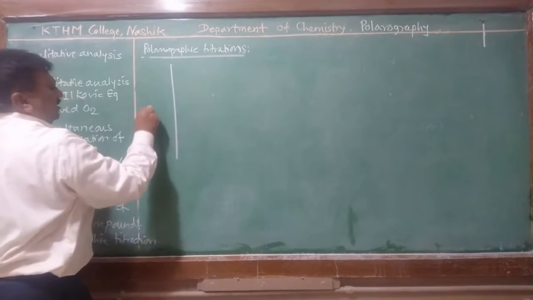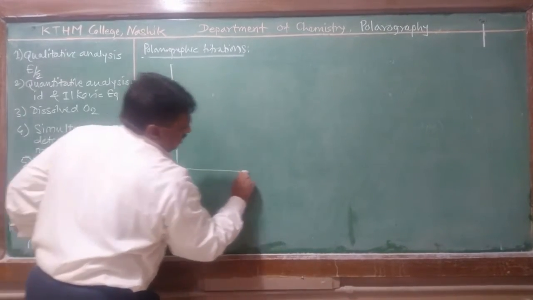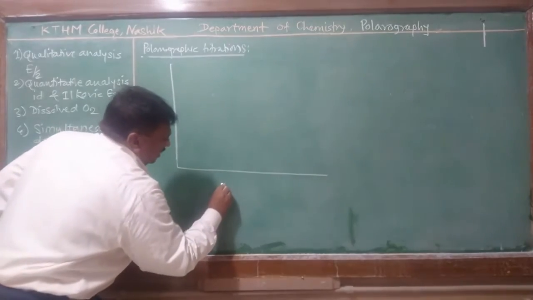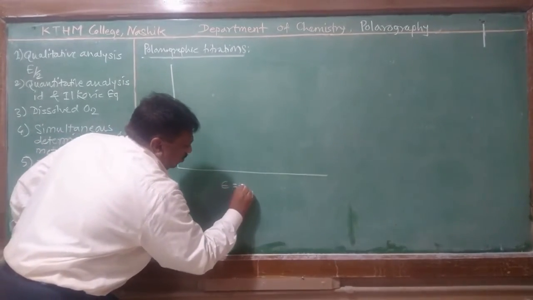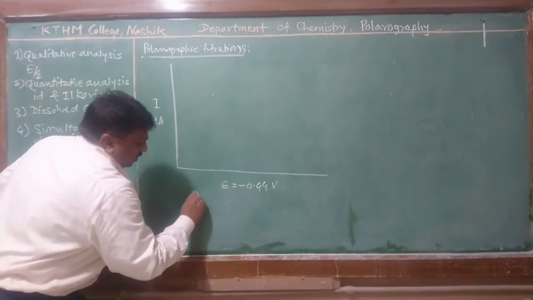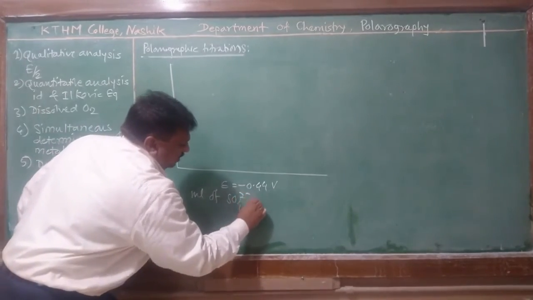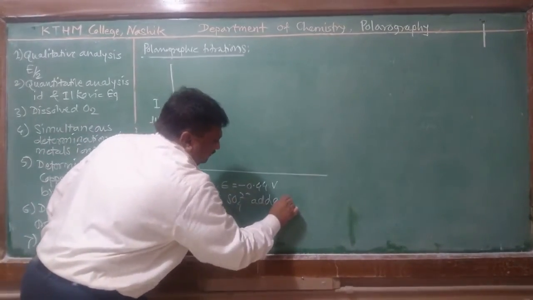In this case, current in microamperes versus EMF equal to minus 0.44 volt versus ml of sulfate ion added.